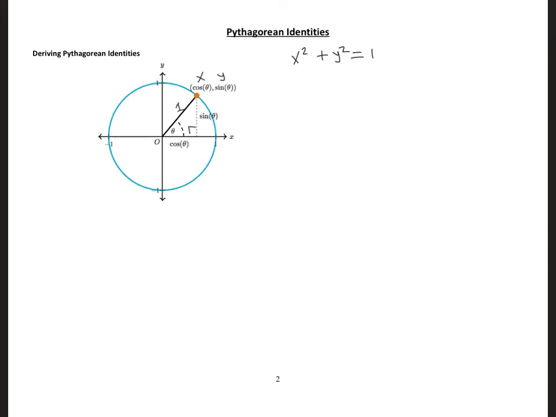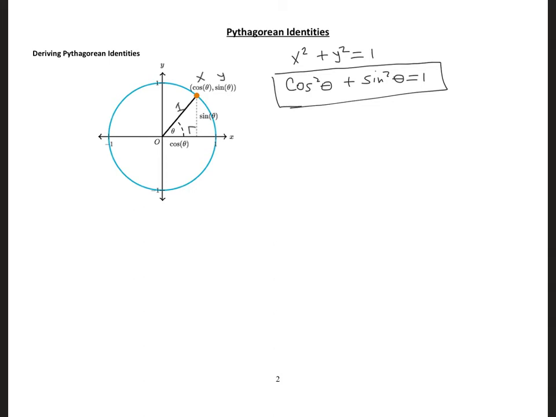Now in place of x, I'm going to use cosine of theta. So I'm going to write cosine squared theta plus sine squared theta is equal to 1. And this is one of the Pythagorean identities. So that's number 1.